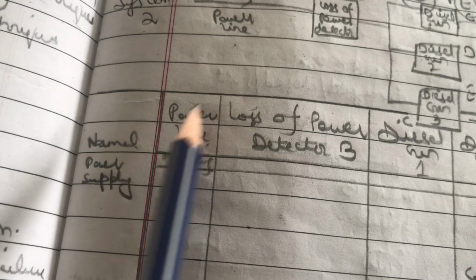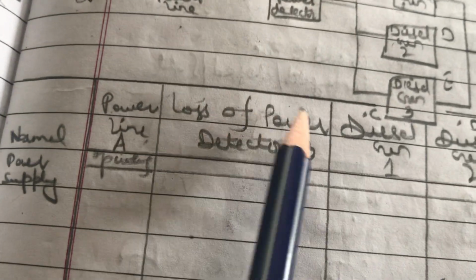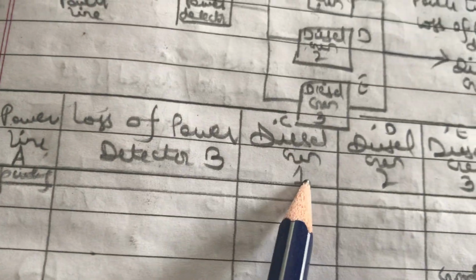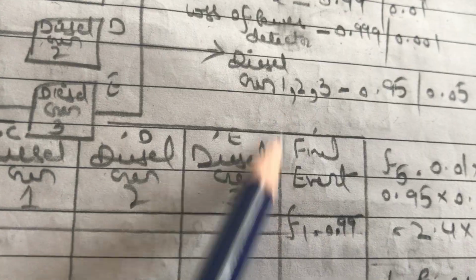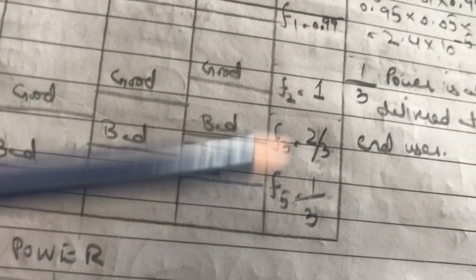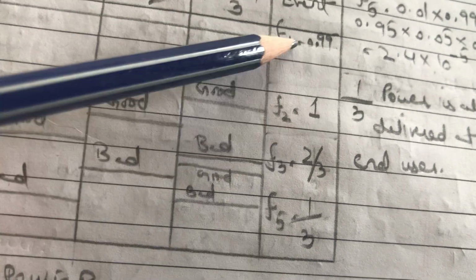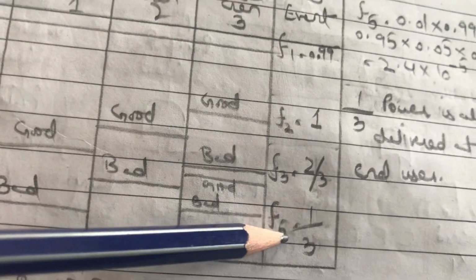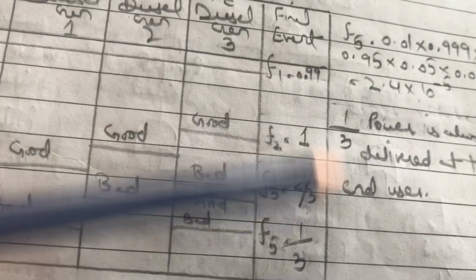First is power line A, loss of power detector B, diesel generator 1, diesel generator 2, diesel generator 3, and the final event. The final event is the power we get at the end, what would be our final power.